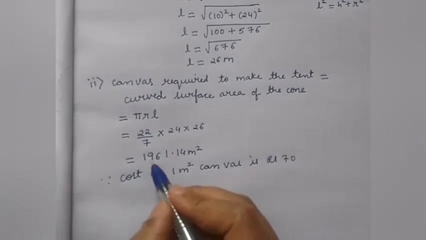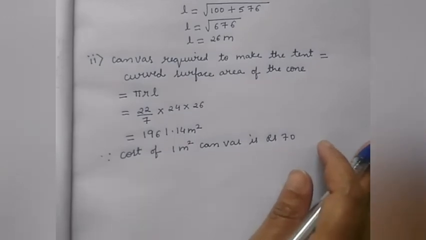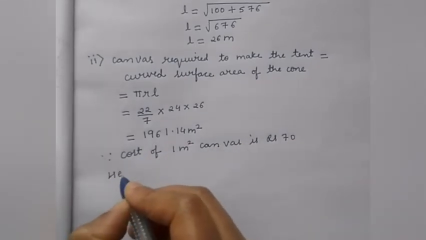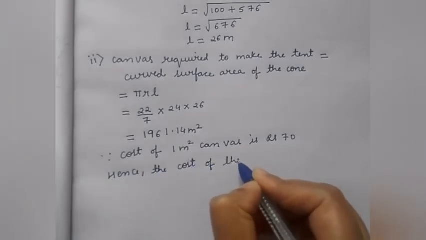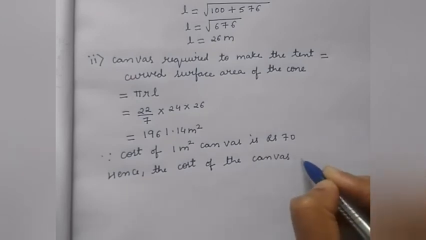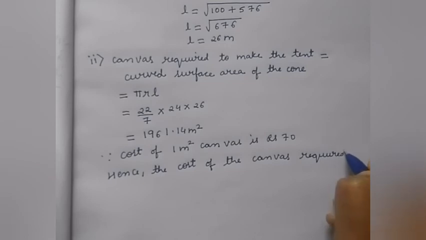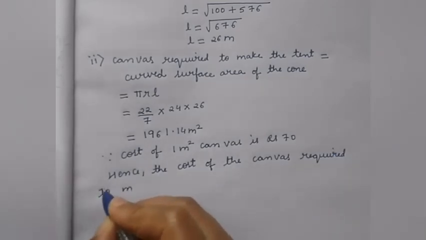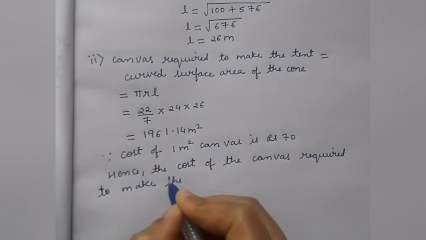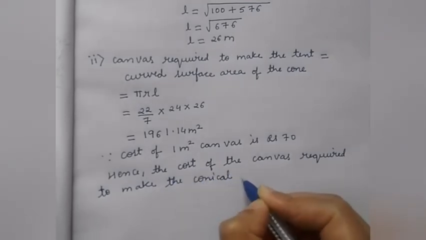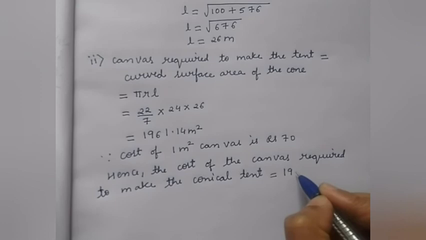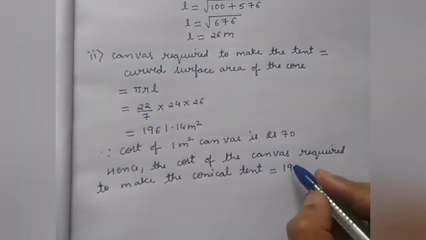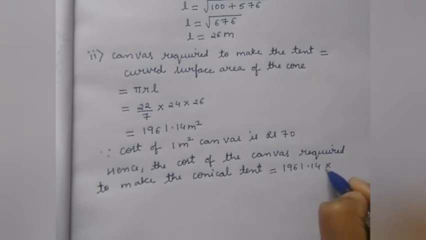Hence the cost of 1961.14 meter square canvas, that is the cost of the canvas required to make the conical tent, is equal to the curved surface area of the cone, 1961.14, into 70, since for 1 meter square it is 70.